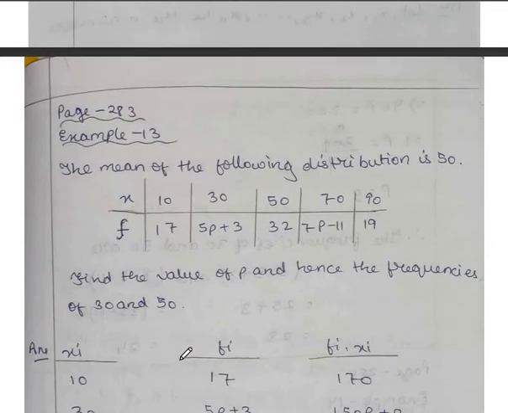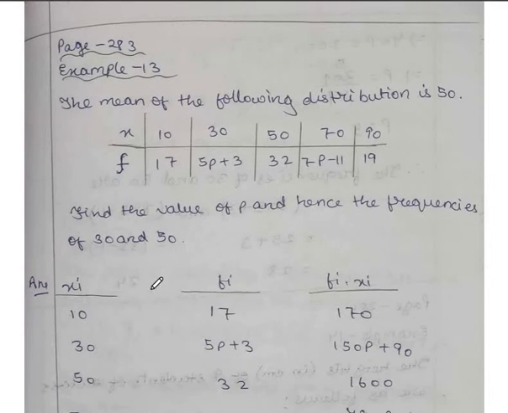Now page number 283. Go to example 13. The mean of the following distribution is given as 50. Mean is already given in the question, 50. X and F are available.